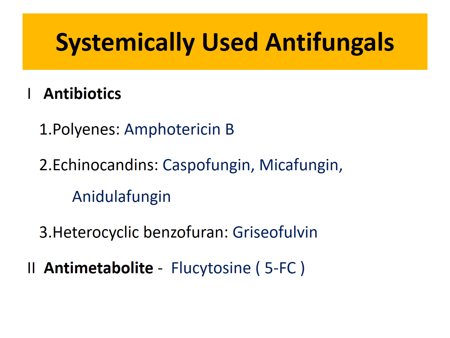Under polyenes comes our first drug, amphotericin B. Under echinocandins, which were recently introduced into the antifungal group, we have caspofungin and micafungin, and heterocyclic benzofurans include griseofulvin. These are the antibiotic antifungals. Antimetabolites include flucytosine.